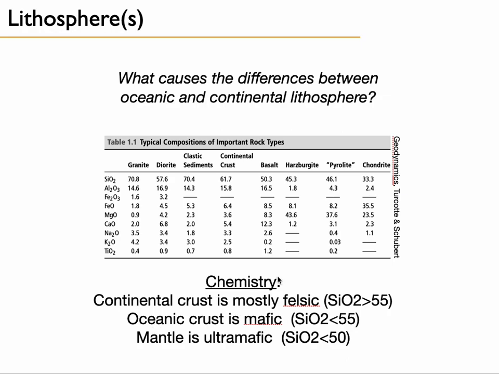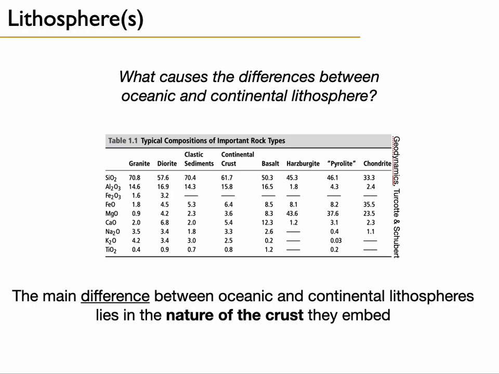That's the biggest difference. The material that makes up the continental crust and the material that makes up the oceanic crust have a different chemistry, and this will have first order effects. So the main difference between the oceanic and continental lithospheres lies mostly in the nature of their crust.